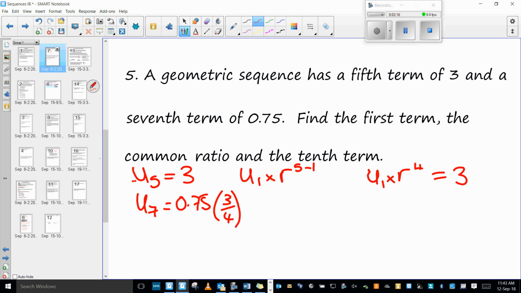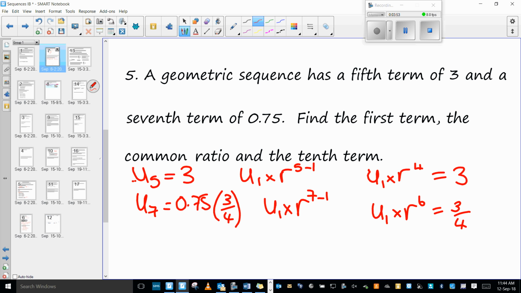An expression for that would be U1 multiplied by R to the 7 subtract 1, so U1 multiplied by R to the 6 is equal to 3 quarters. What we're used to doing with simultaneous equations is adding and subtracting them to eliminate one of our variables. But in this case, how can we eliminate one? If we added them, it's not going to help.